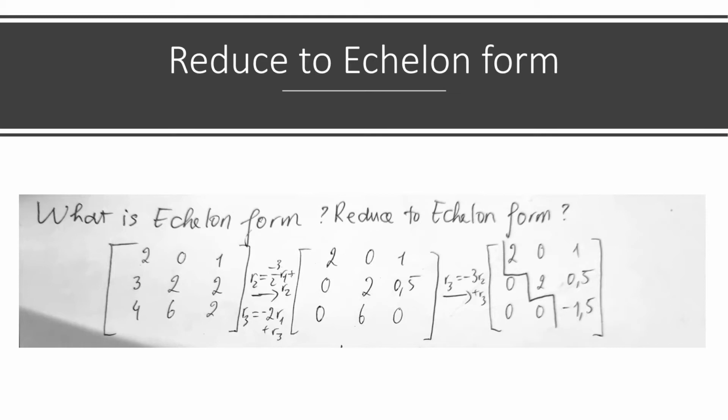With row 3, we let row 1 times minus 2, and then we add row 2, so we have the new row 3. So finally we have row 3 equal to minus 3 times row 2 plus row 3. So we have the echelon form, and this is step 1.